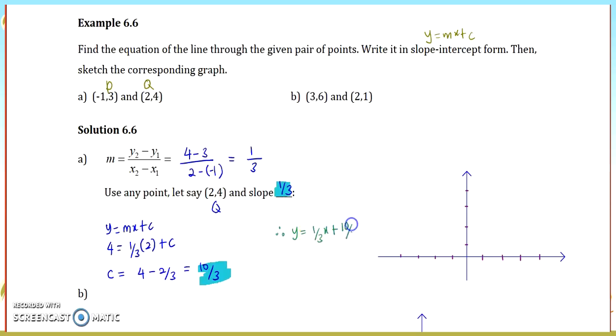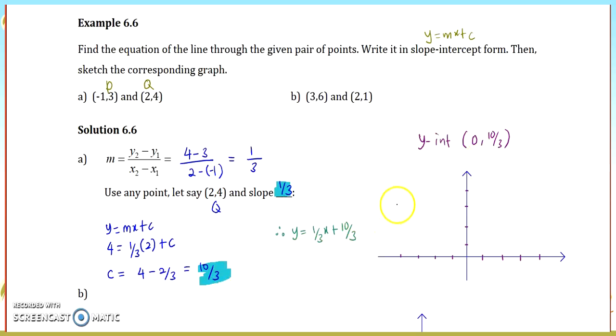Okay, to draw a graph of this line, we need to find the coordinates of the y-intercept and x-intercept. We already know the coordinate of the y-intercept is (0, 10/3). We get it from the value of c.